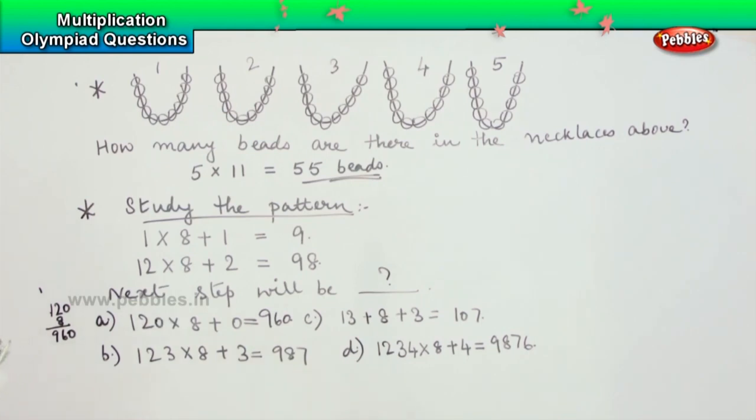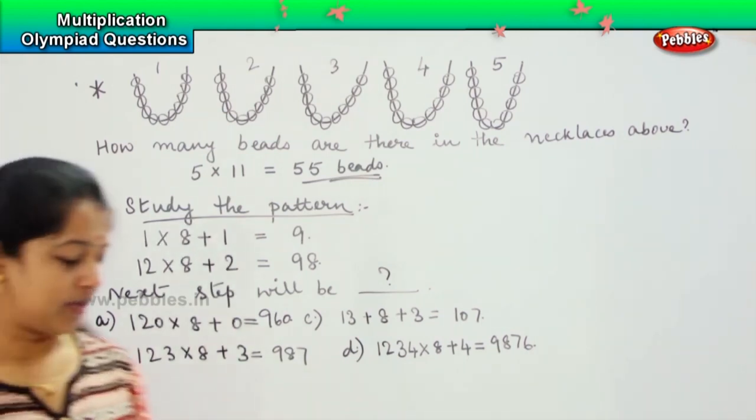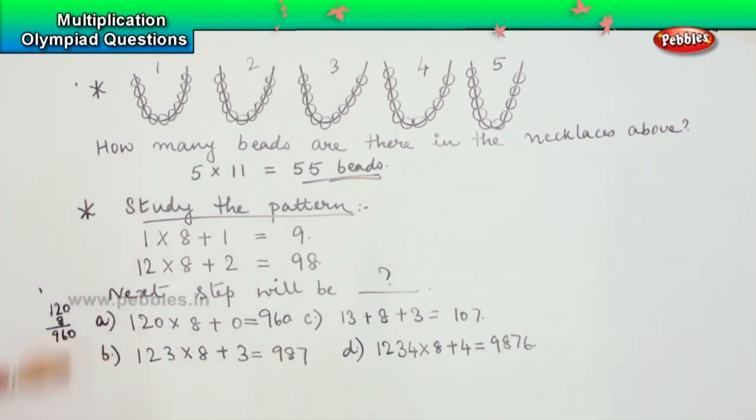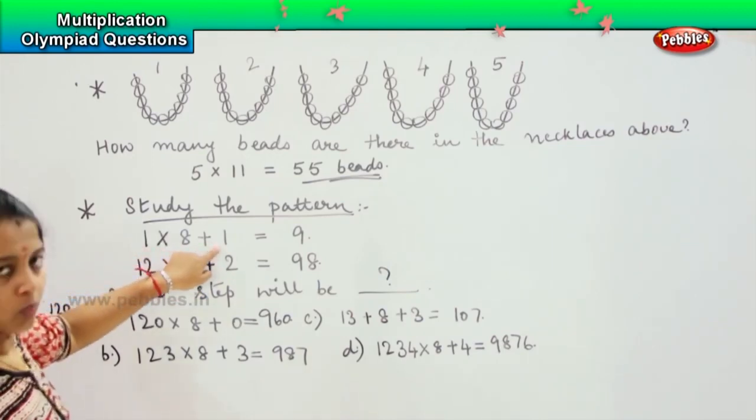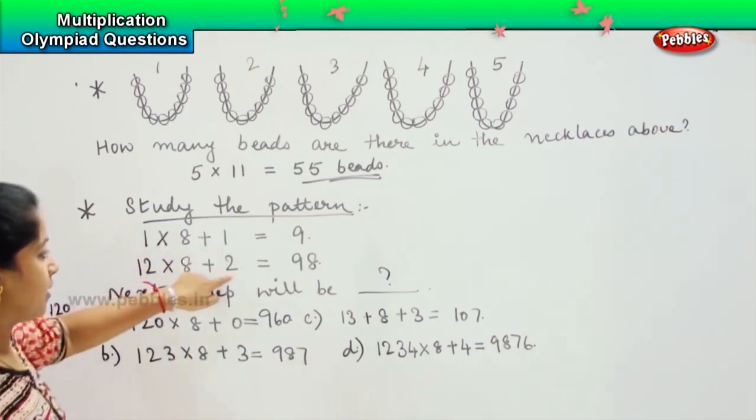Right. So, now, tell me what is the pattern which is followed here. 1 into 8 plus 1 is 9. Right. Next is 12, which means this 1 has become 12. This multiplication remains the same, and here 1 and 2 you are adding. The first one you are adding 1, the second one you are adding 2.